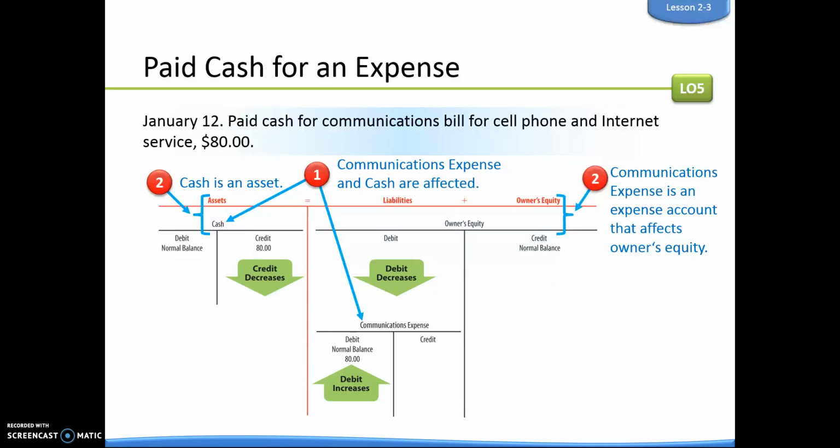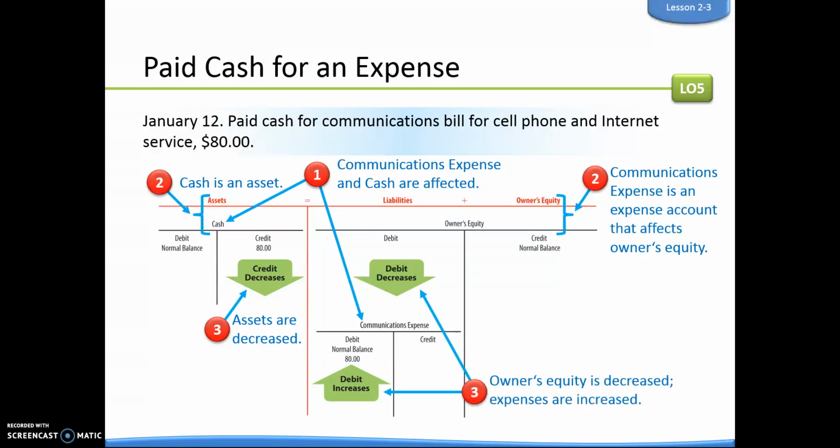Well, it says that we paid cash, so cash is decreasing, our asset is going down, and we created essentially a communications bill for ourselves, which means that that expense is going up. Okay, so our owner's equity is technically being decreased because expenses decrease owner's equity. But when we need to record that, the expense itself is actually increasing.